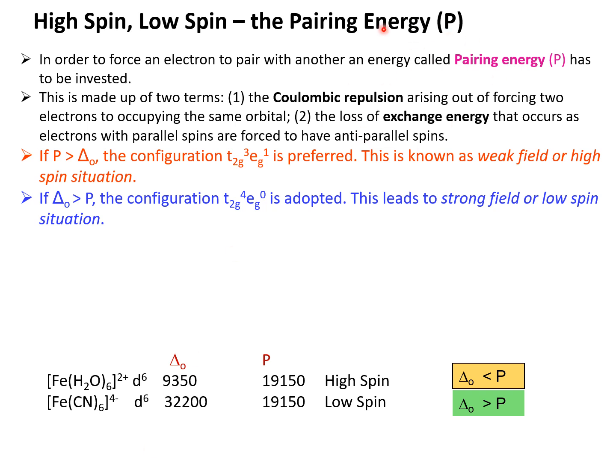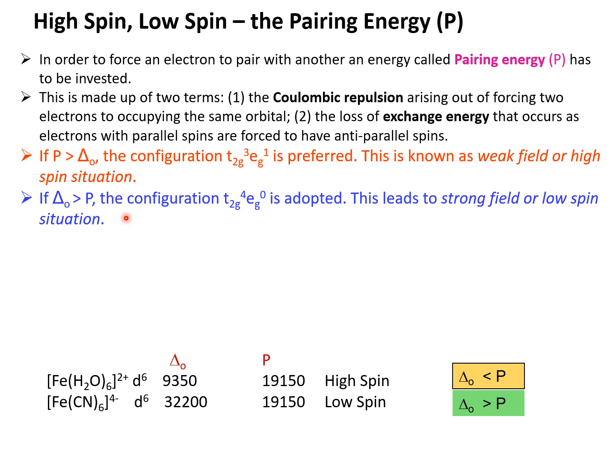Next term we will be using is pairing energy. It is denoted by capital P. In order to force an electron to pair with another, an energy called pairing energy has to be invested. This is made up of two terms, Coulombic repulsion and the loss of exchange energy. If the pairing energy is greater than delta naught, then the field is weak field or high spin.